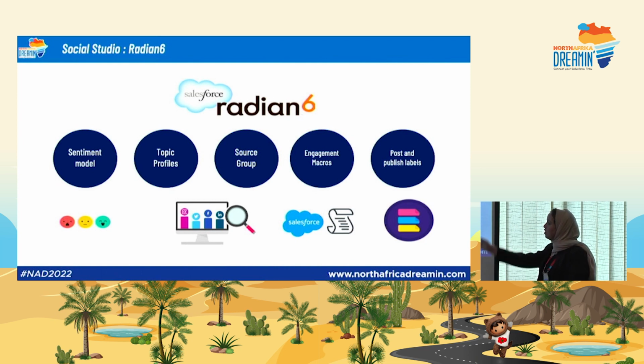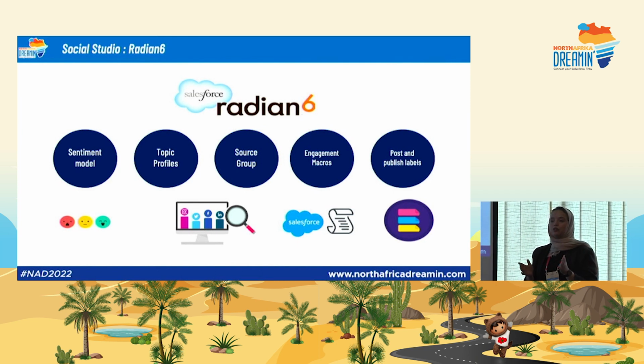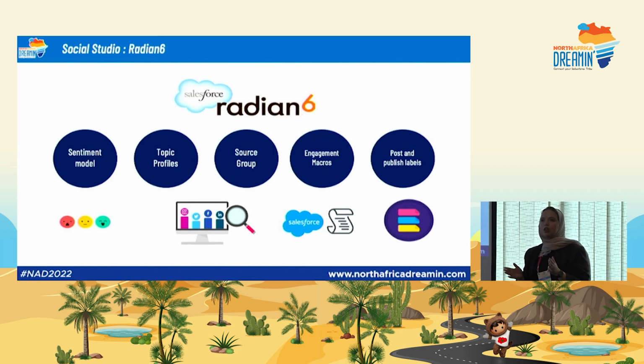Then, the next one is topic profiles and source grouping, which is a cool engine, to be honest, because with Radian 6, you can link all of the social media to your Radian 6 account. For example, if the brand has 2 accounts on Twitter, 2 on Facebook, 2 on Instagram, all of them can be linked to Radian 6. And you can see all of the ongoing conversations, of course.